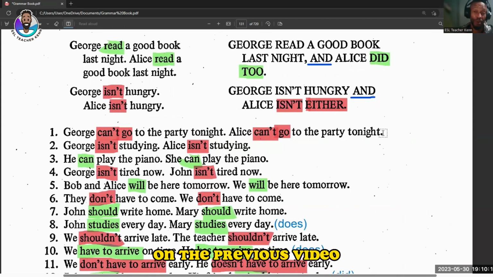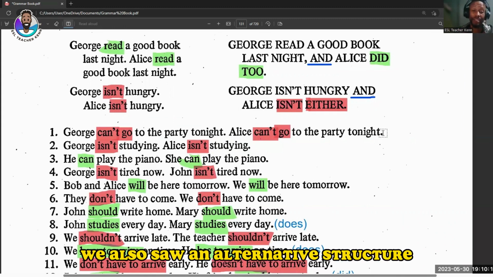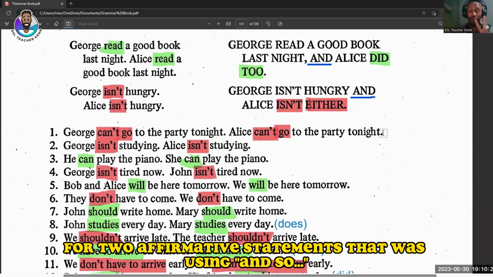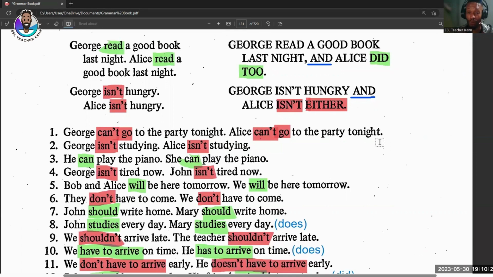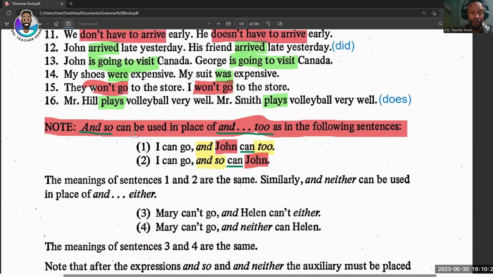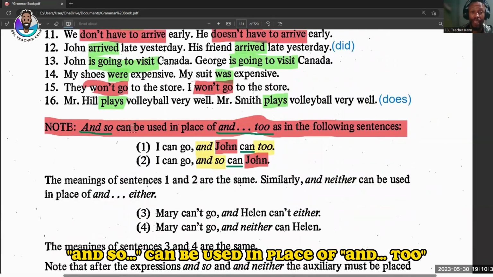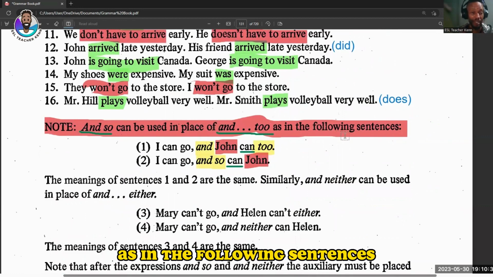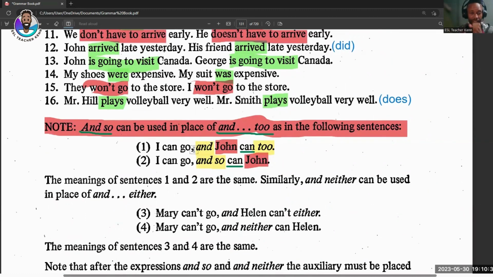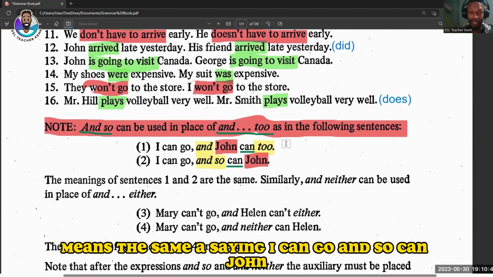On the previous video, we also saw an alternative structure for two affirmative statements. That was using and so. I have it down here. We have that and so can be used in place of and too, as in the following sentences. I can go and John can too means the same as saying I can go and so can John.